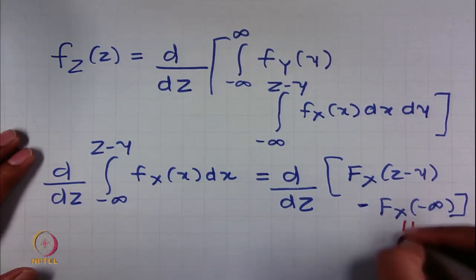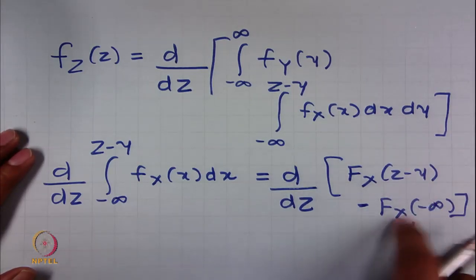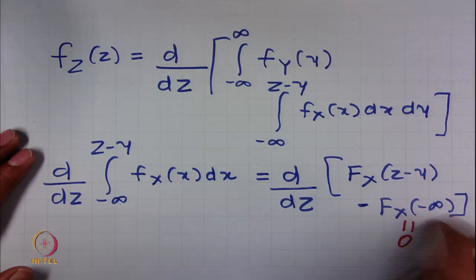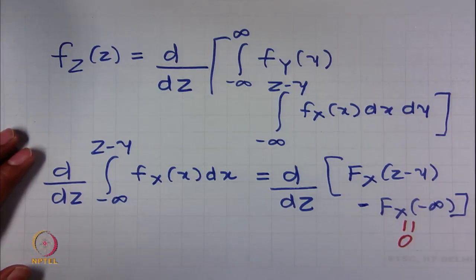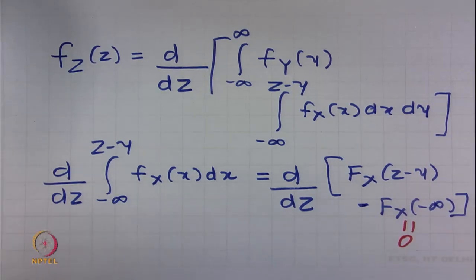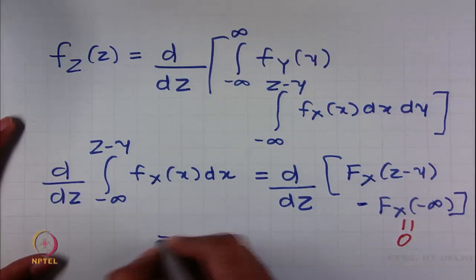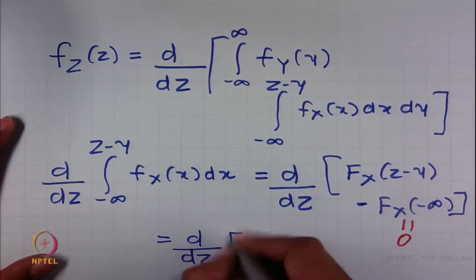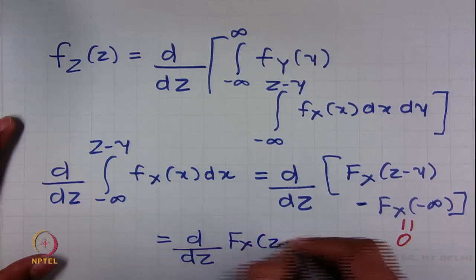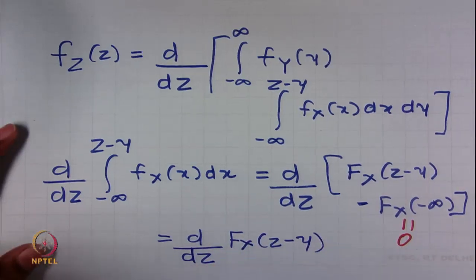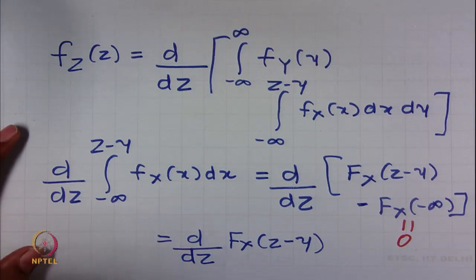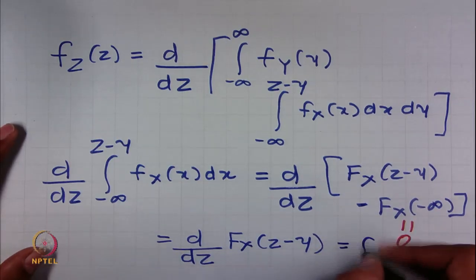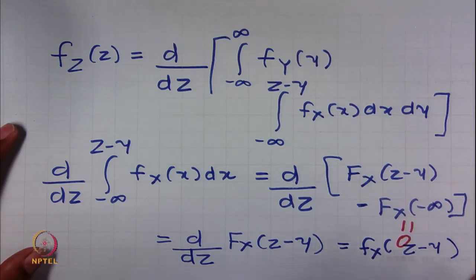Because it is giving me the probability with which x is less than minus infinity, and that probability should be 0. So, what I wind up with is simply this term, and this quantity is nothing but the PDF of x evaluated at z minus y.